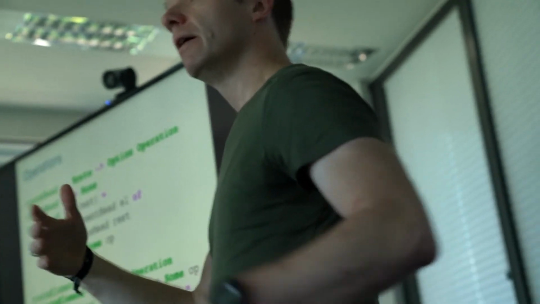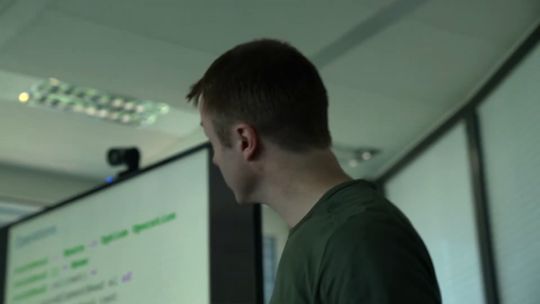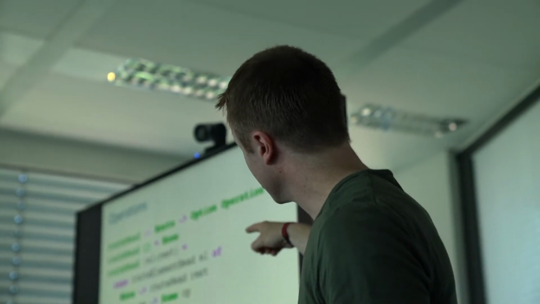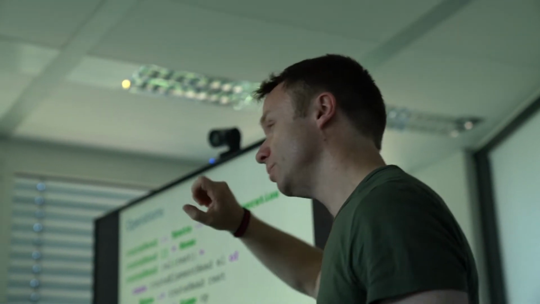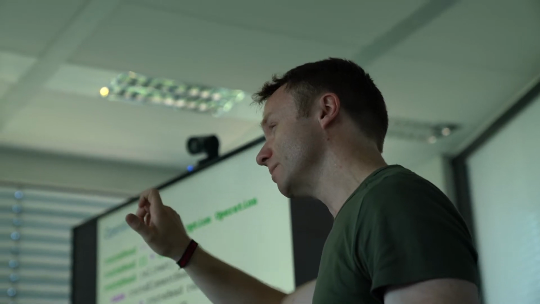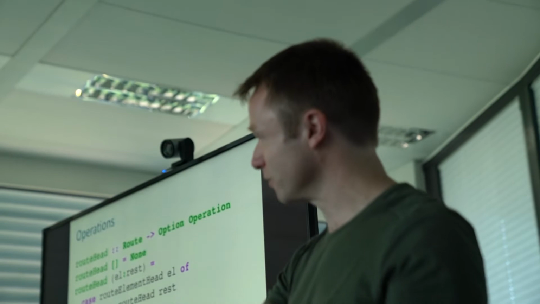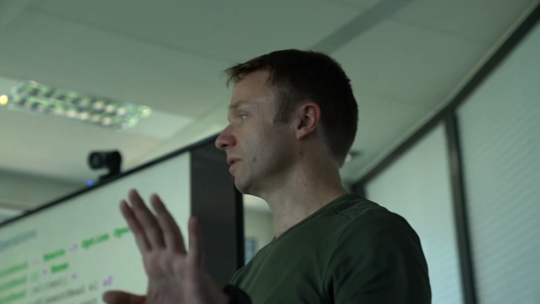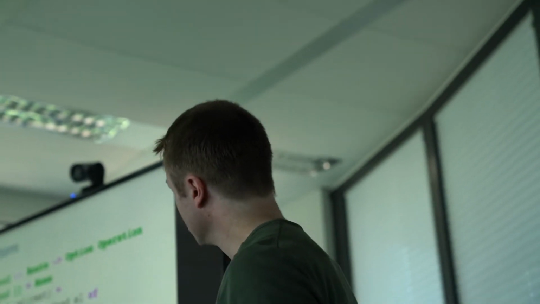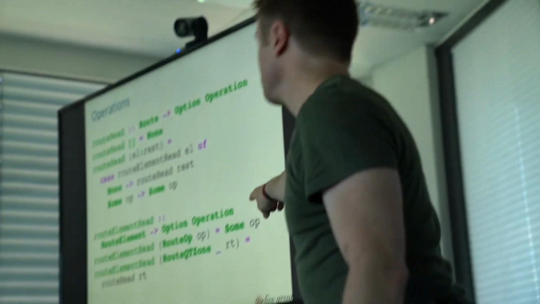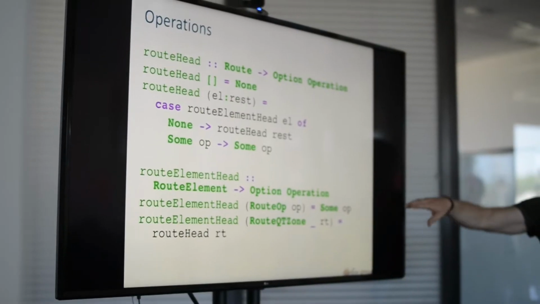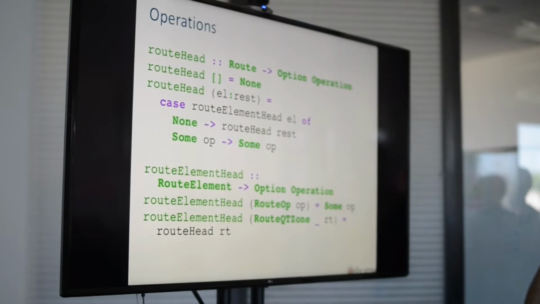In this case, it can be one of 2 things, which is why there's a case that finds out whether it is, well, remember, it could be either a single operation or it could be a queue time zone. And so, well, it becomes complicated at that point. We better write a helper function. Okay, so that's where we'll just defer that problem. So we apply wishful thinking, very useful, and assume that there's a function called route element head.